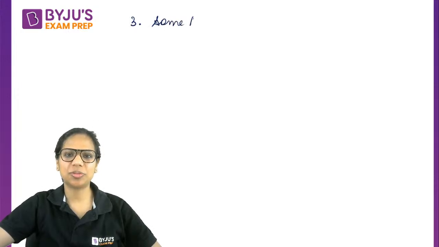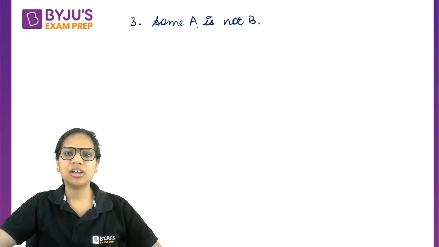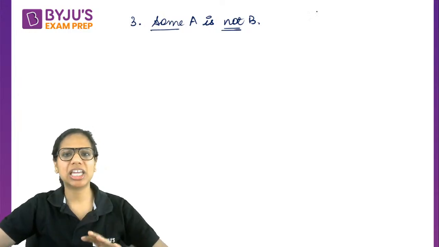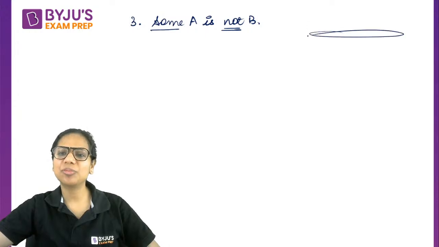Some A is not B. Now let's see what some A is not B means. Again, if you understood some, you'll understand some not. So again, let's come to our bowl. There are toffees on the surface. It's a steel bowl, so you can't see the other toffees.